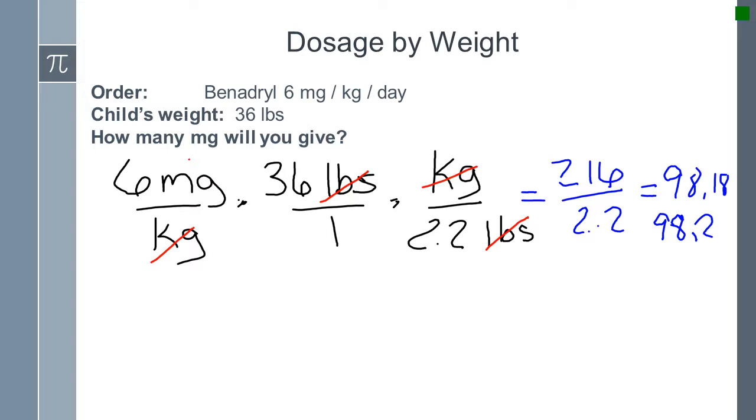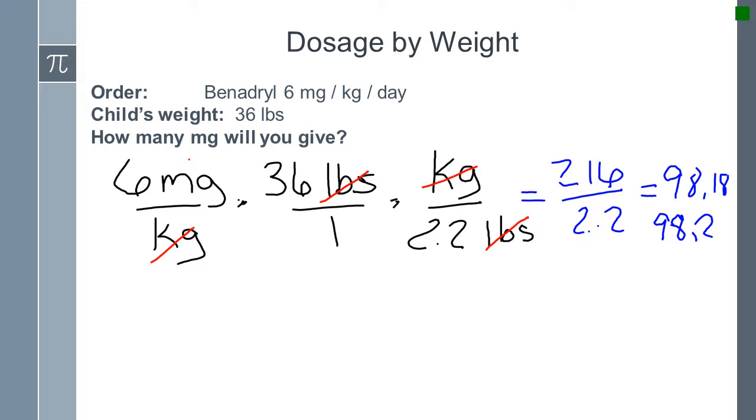And so I know that my kilogram is 2.2 pounds. So if I go back and I take out my labels, my kilograms come out, my pounds come out, and I'm left with milligrams, which is what the question is asking for. How many milligrams will you give?